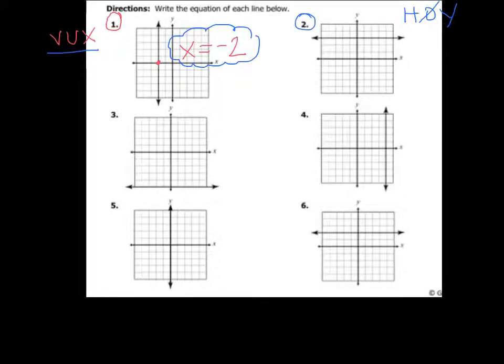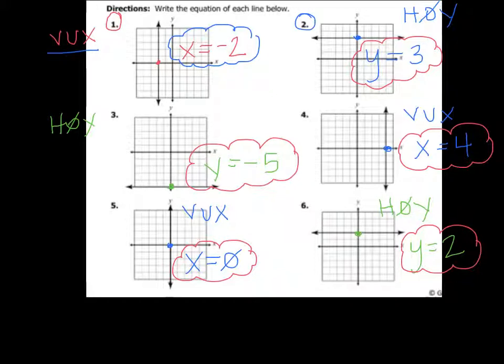So that gives me the first part of my equation. So I know I have y equals, and then I just look for the y-intercept, which is right here on the graph, and it is intersecting at +3. So that means that the equation of this line would be y equals 3. Okay, so now what I would like for you to do is go ahead and pause, do 3, 4, 5, and 6, and then you can restart the video and check with mine.